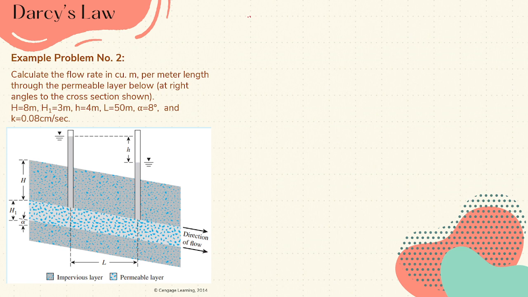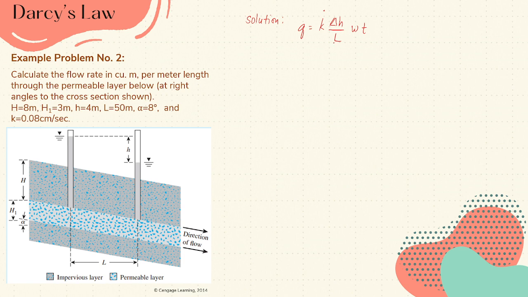So for this solution, we will use again Q is equal to K i, or K times delta H all over L times the area, which is the width times the thickness T. So this is known for delta H. This is equal to 4 meters.